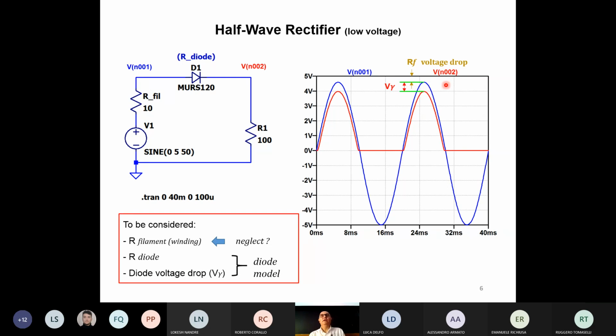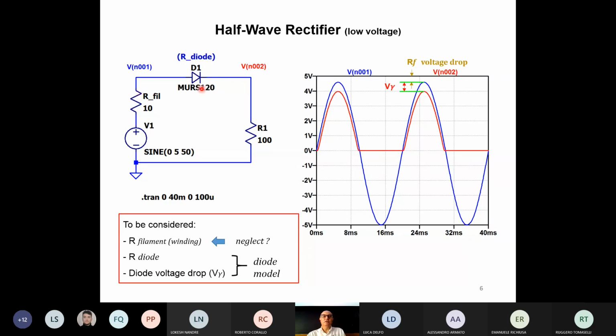Again, if we have very large voltages, we can neglect this effect. But if the output voltage is small, like in this case, we have an error of about 5%, it's 20–25%, depending on how we calculate it. So it cannot be neglected. Here, as I say, to be considered, the filament, the winding resistance, can we neglect it? But it depends. It depends also on the maximum current, because the higher the maximum current, the higher the voltage drop across the filament.